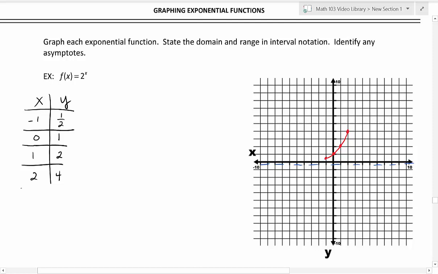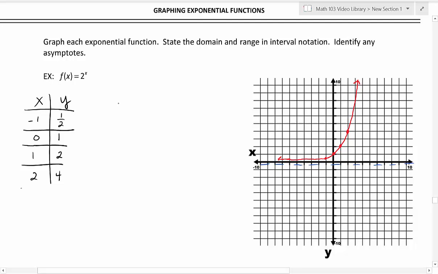So which end do you think it's going to be? Well, the end on the left that's already really close to the asymptote. So this is going to continue extending, getting closer and closer to the x-axis, and the right end is going to continue up. So there is the graph of f of x equals 2 to the x.